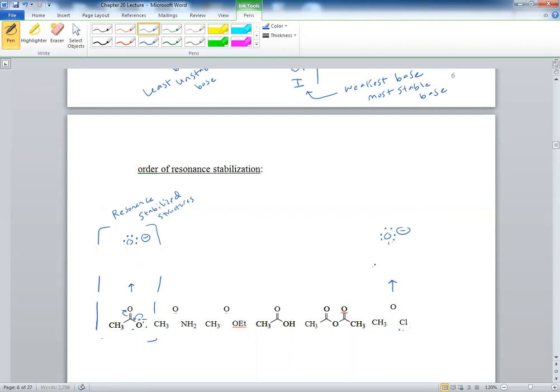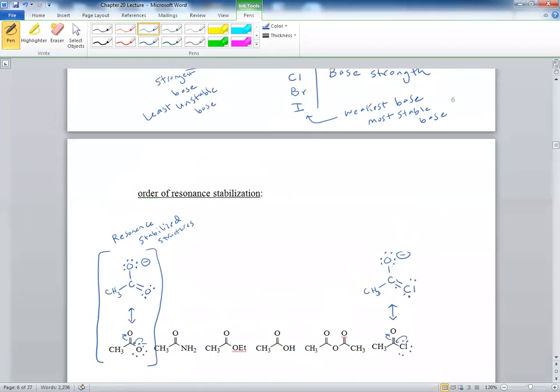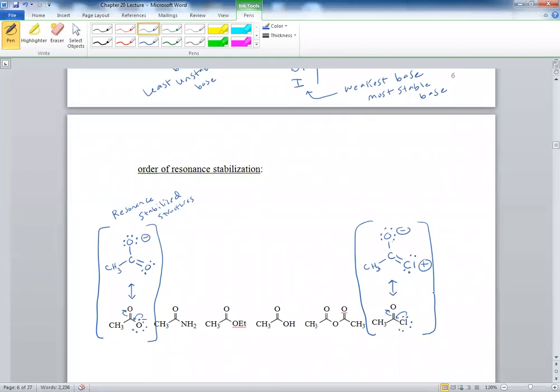There's a positive on this chlorine atom.